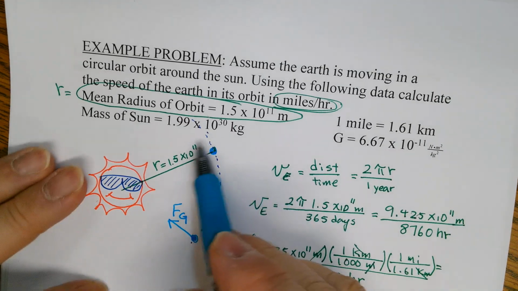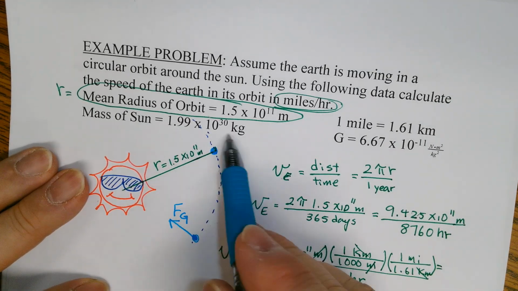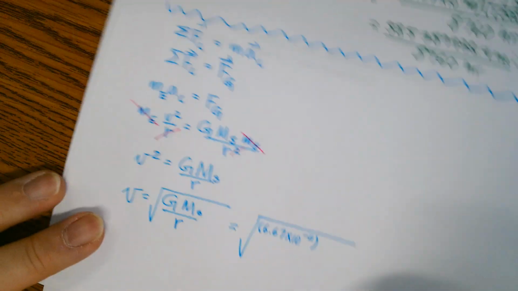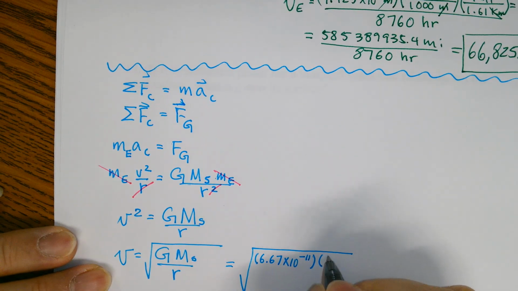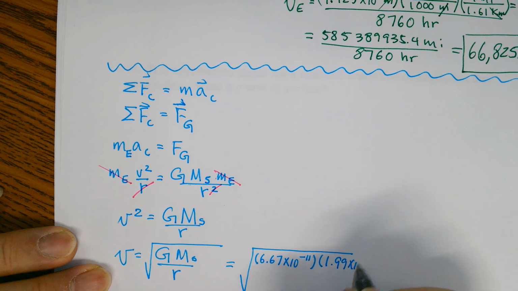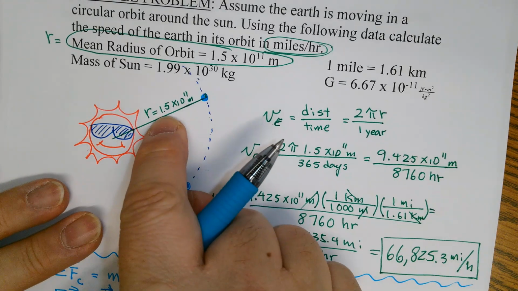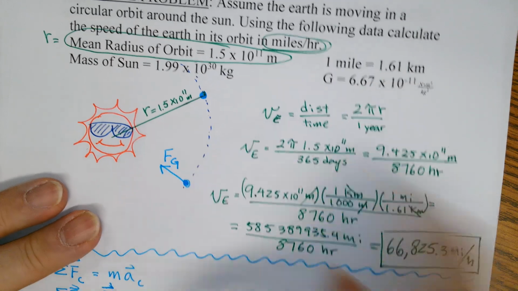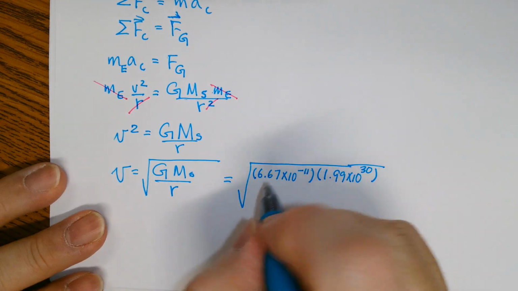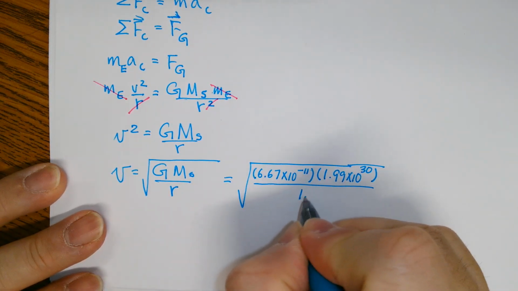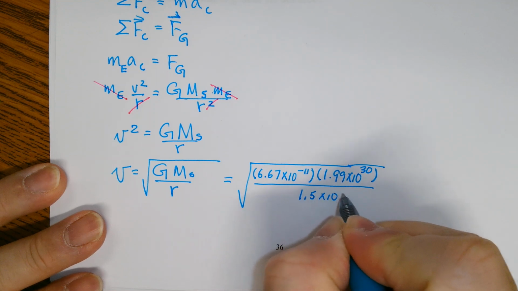Mass of the Sun is given to us as 1.99 times 10 to the 30th kilograms. You could use 2. R is 1.5 times 10 to the 11th meters.